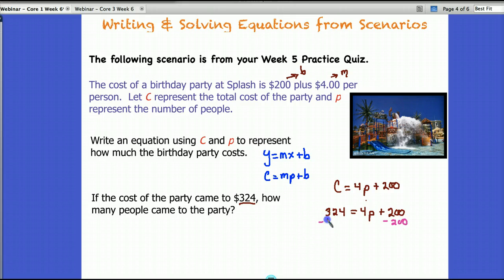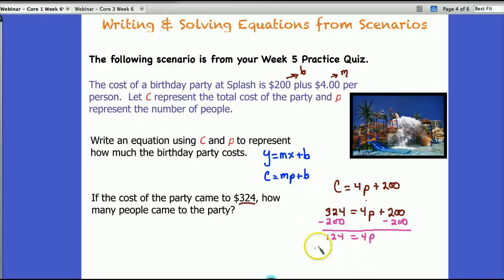So think about how you solve. Okay, and then let's write what we have. 324 minus 200 is 124. Then we carry our equal sign down, and then we still have our 4P. We didn't do anything to that. But then our 200 minus 200 is gone. Okay?